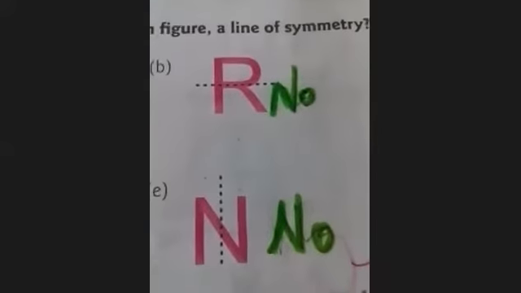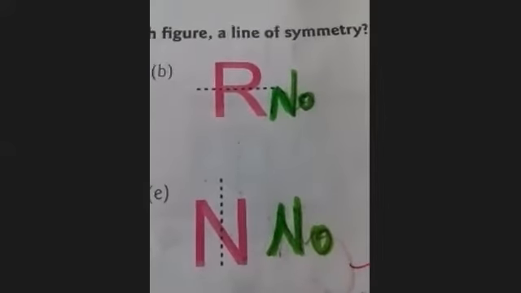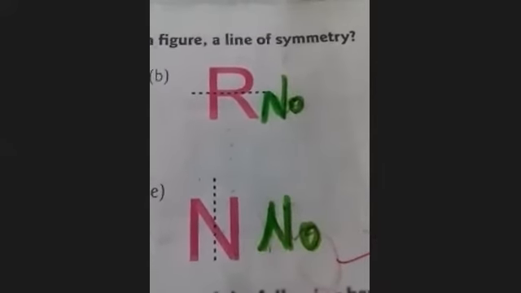Once again, your answer is no. So in all parts A, B, C, D, E, and F, the dotted line is not a line of symmetry of these figures.